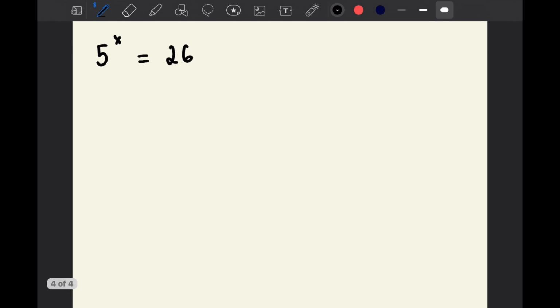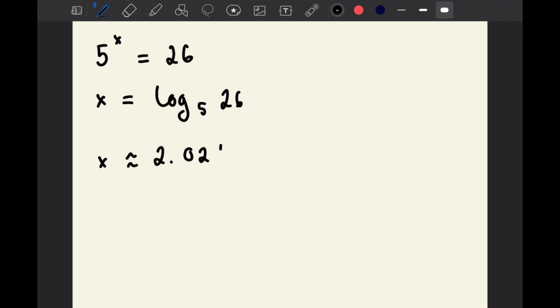We would know that x is equal to the logarithm base 5 of 26, because that's what we want to get. If you calculate this, x is approximately 2.02436919, and so on. These are obviously irrational numbers, so we can round this to 2.024.